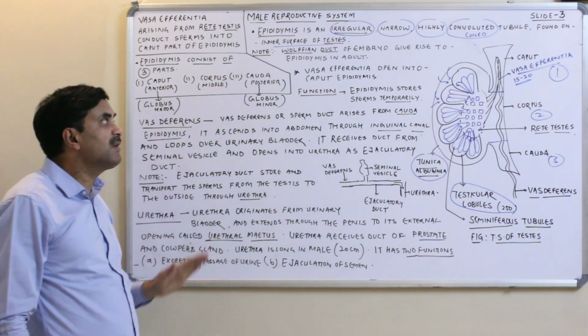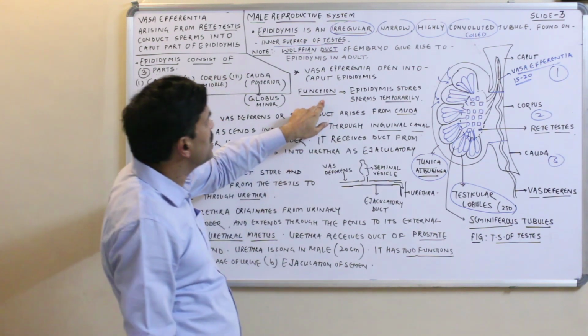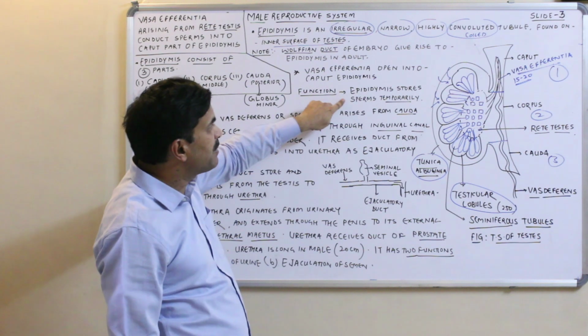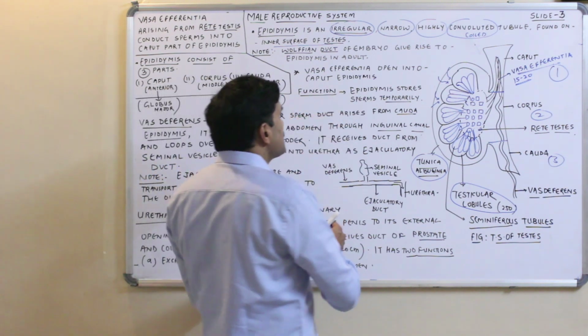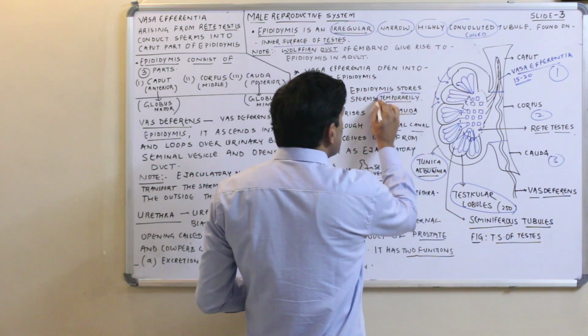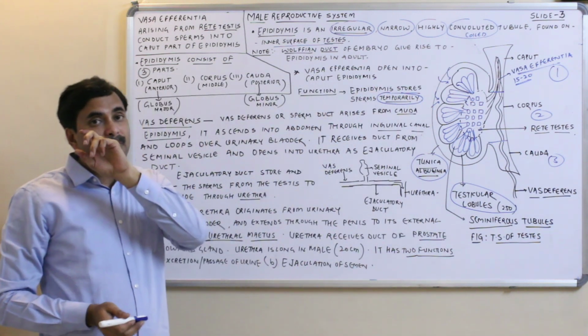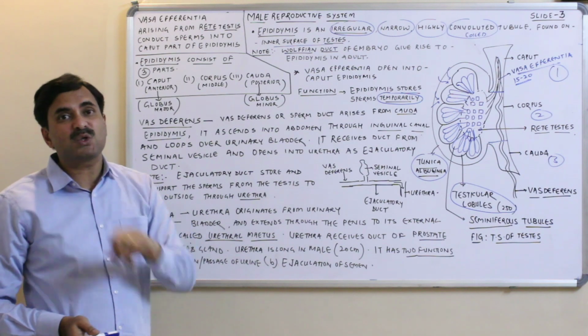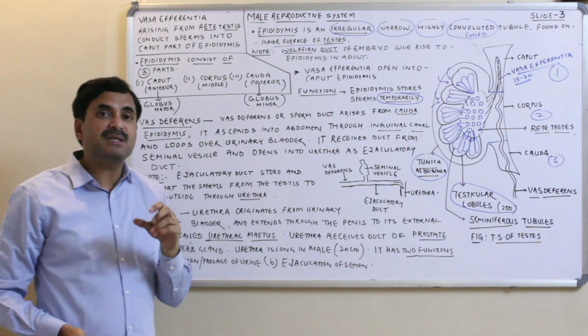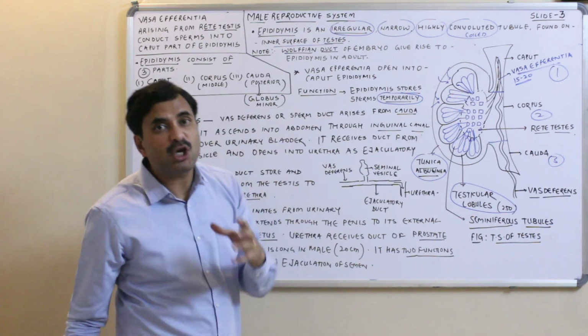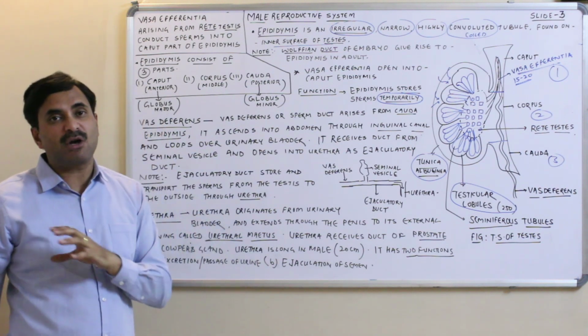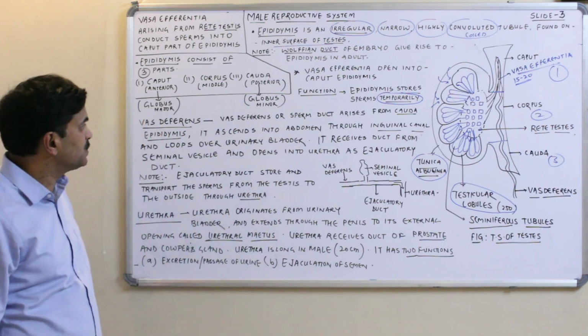Now what is the primary function of this epididymis? Epididymis is storing the sperms temporarily, and it is also said that epididymis is meant for the maturity and motility of the sperms also.